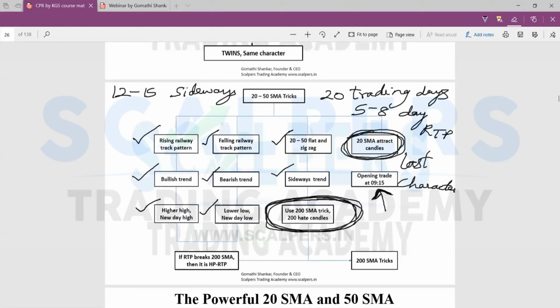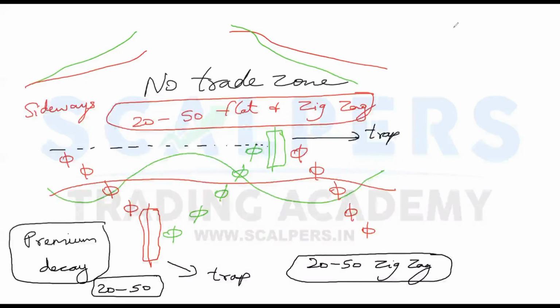On many days, at 9:15 itself we can take the trade based on this character. I will tell you what it is. This is a very, very unique character for 20 SMA. Nobody knows this. The 20 SMA unique character is that 20 SMA attracts candles.